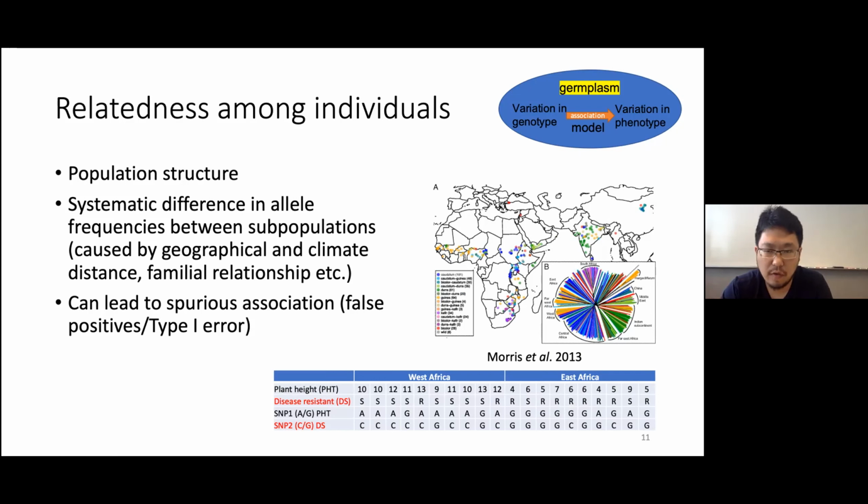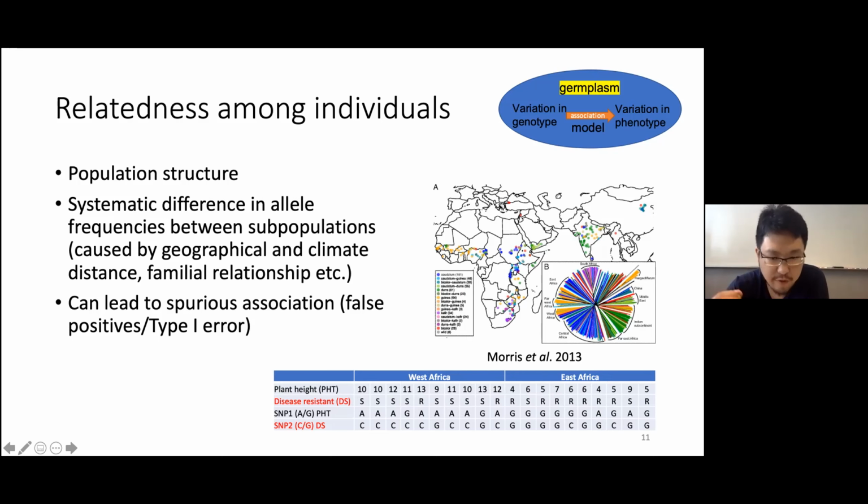Let's go through a hypothetical example of why this could cause false positives. With this example, we have two subpopulations. One subpopulation is the sorghums from West Africa, and the other subpopulation is the sorghum from East Africa. Let's say, hypothetically, the genotypes from West Africa are taller than those from East Africa.